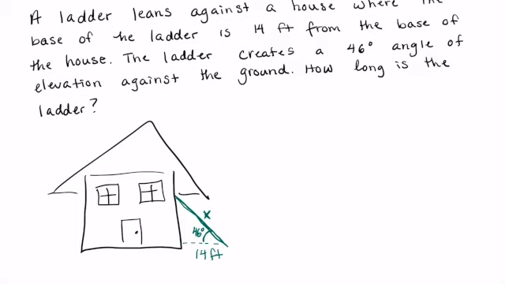So I need to think back to my SOHCAHTOA, and I need to determine which trig ratio I am currently working with. So we have sine, cosine, or tangent. When I look at my theta here, I have my adjacent side and I have my hypotenuse.